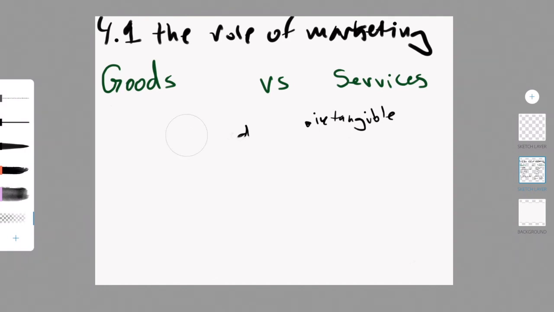Now, another aspect of goods versus services when it comes to marketing is that for goods, you can rely on a specific characteristic. So when I market, I can say, oh, my toothbrush has the best bristles because they reach the closest to your gums, or something like that.